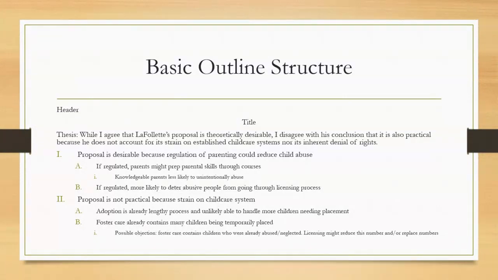And then at the highest level of the outline, we have either a complete sentence or a phrase that clearly lets your audience know what point you are going to be making. So notice this doesn't just say desirable because of regulation, right? It gives a little bit more context there to help us best with our drafting.